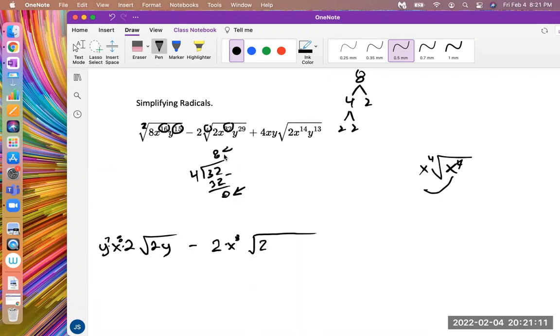This is the number of x's on the outside. This is the number of x's that remain underneath the hood. So then I take 29 and divide 29 by 4. 4 goes into 29 7 times, remainder 1. So this is the number of y's that are going to come out, so y to the 7th. And it's going to be 1 y. This is the number of y's that stay underneath.